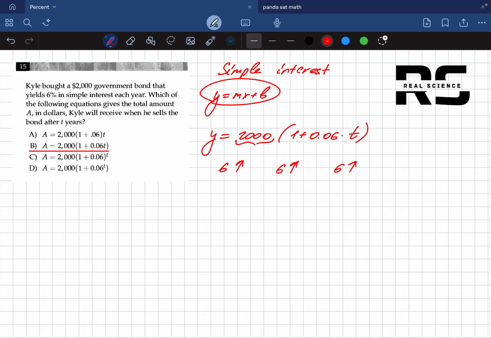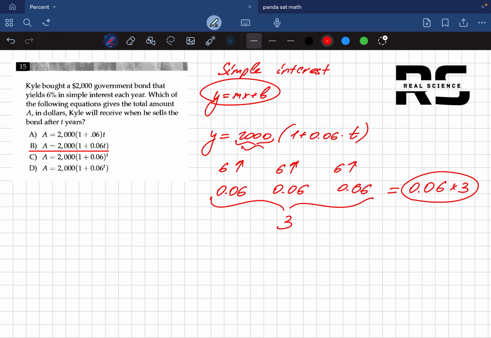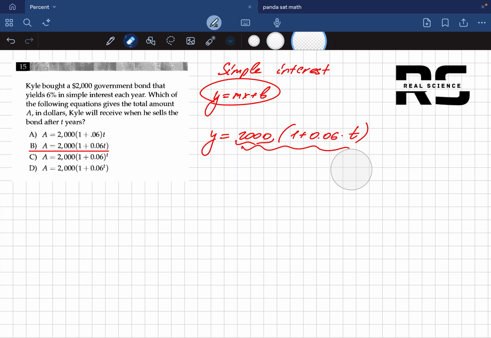So the overall increase would be just 0.06, 0.06, let's say 3 times. And in order to calculate that, I multiply 0.06 by 3. This is exactly what this formula is doing. So the answer is B in this case, because we used the simple interest, not the compound interest.